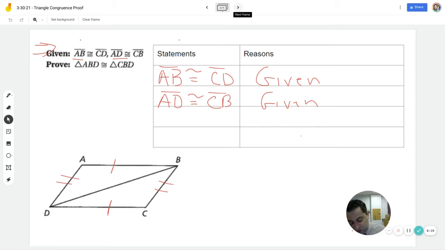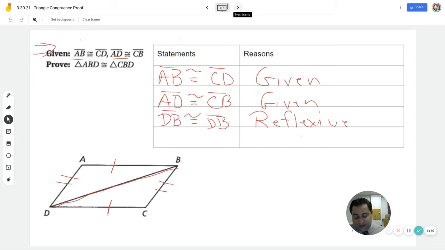And then lastly, what we've kind of been trained to do now is recognize that reflexive side, right? So DB is congruent to DB, and that's by the reflexive property.